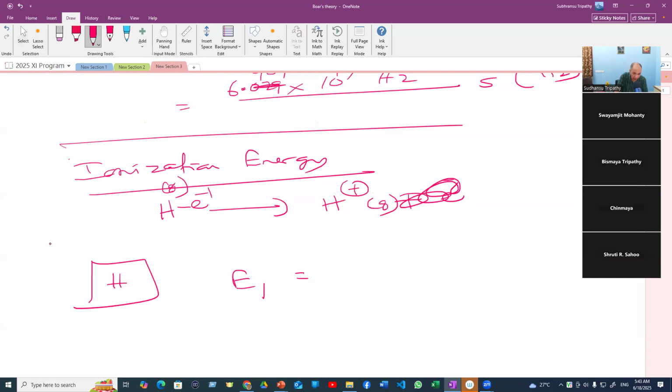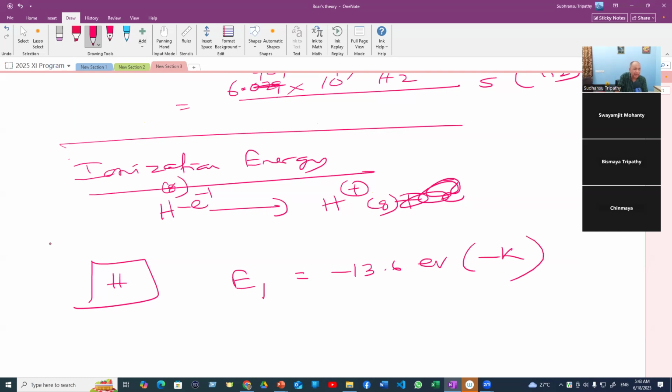And E1 is minus 13.6 electron volt. That is, in general, it is K, or it is 2.18 into 10 to the minus 18 joules per atom.